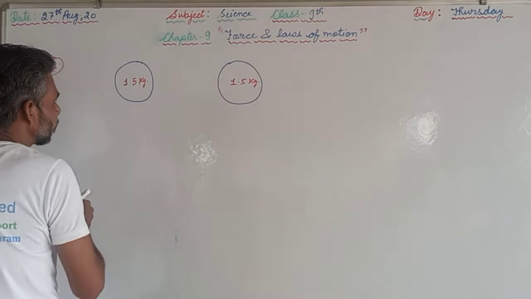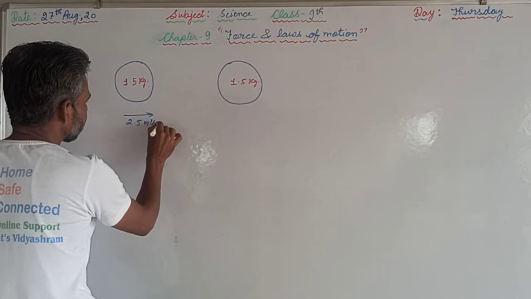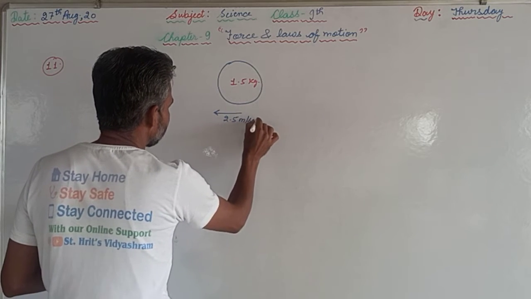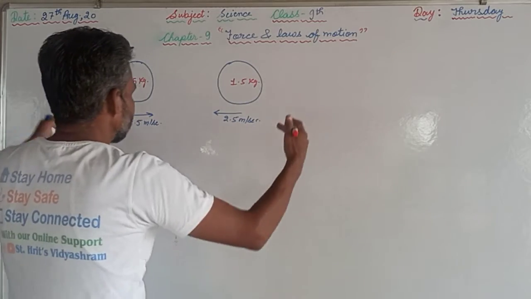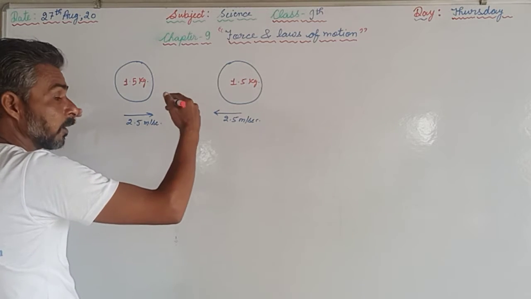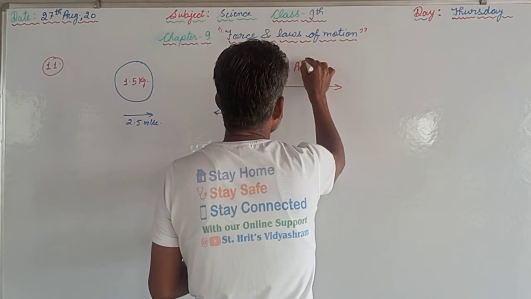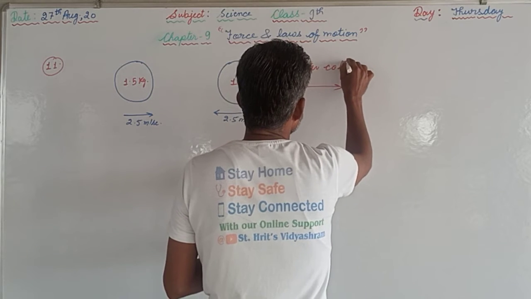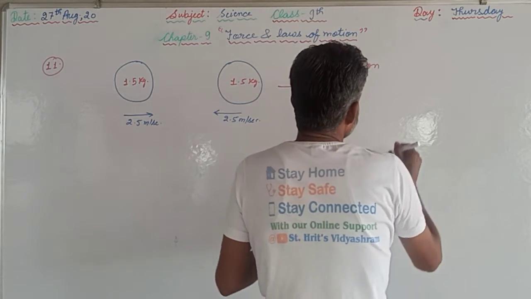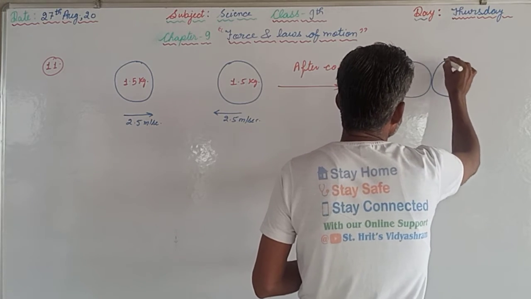They are moving in opposite direction, here the velocity is 2.5 meter per second, and here the velocity is 4.5 meter per second. Then in a straight line, if they are moving in opposite direction, they will collide. And after collision, they stick together. That is given in the question.